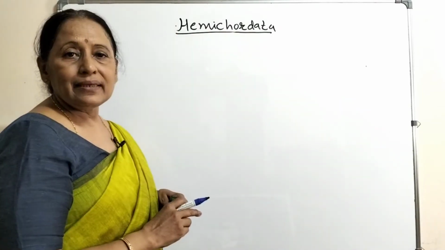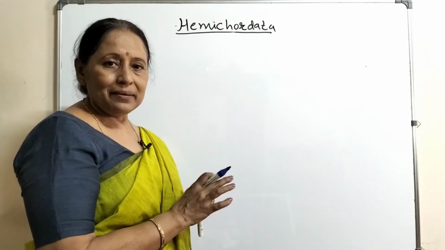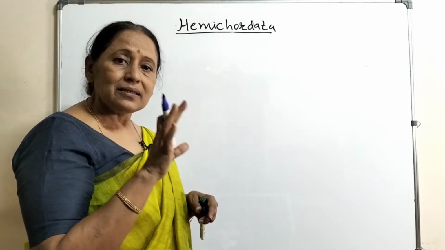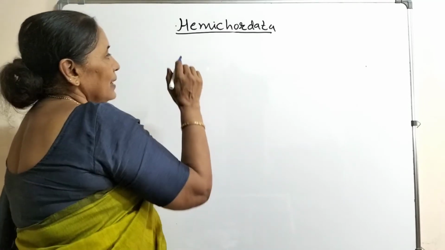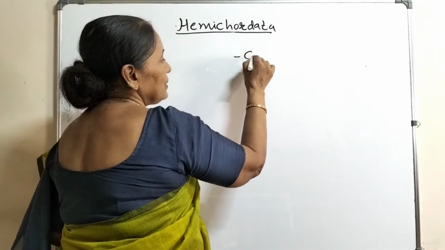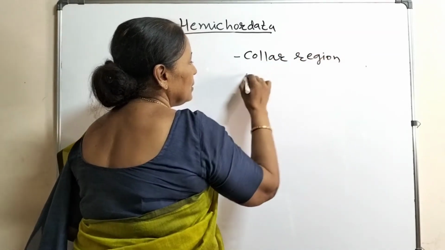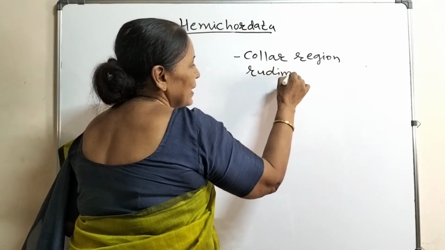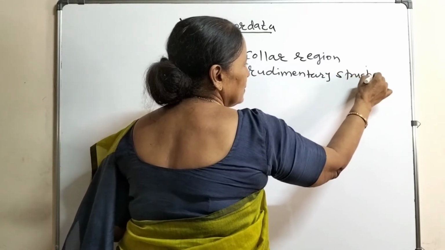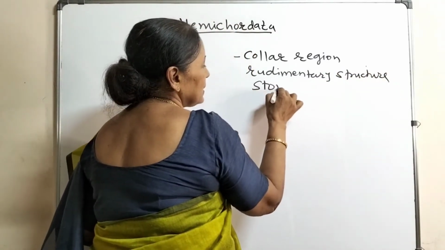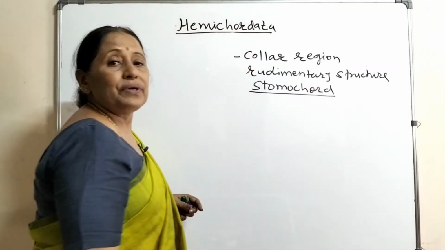These hemichordates were first placed under Chordata as a subphylum. The reason behind it is in their collar region. In their collar region, they have a rudimentary structure called stomochord, and we confused it with notochord.